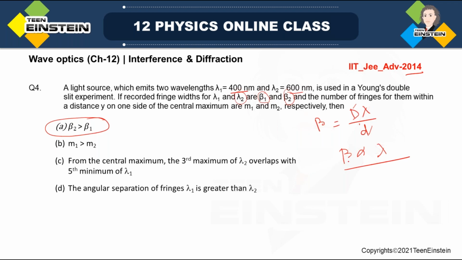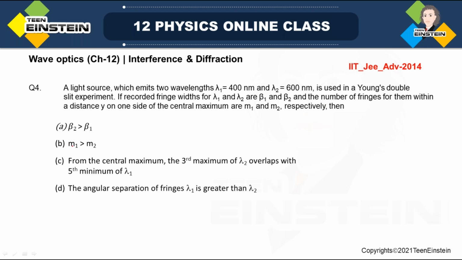So then what will be greater? Beta 2 is greater than beta 1. That is true, because from this relation, beta 1 is less than beta 2. Mainly you have to remember that fringe width is directly proportional to lambda, and beta is also directly proportional to lambda.